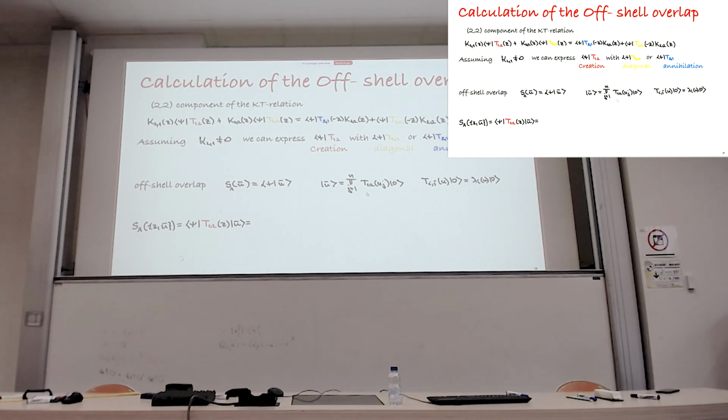This is the heart of the calculation. I have to express the creation operator, and there is always a special component of the K matrix which appears as a coefficient before this term, and this term should be non-zero. So if it's possible, I use a global rotation to make this component non-zero, and I can divide by this term and then write recursion relations.